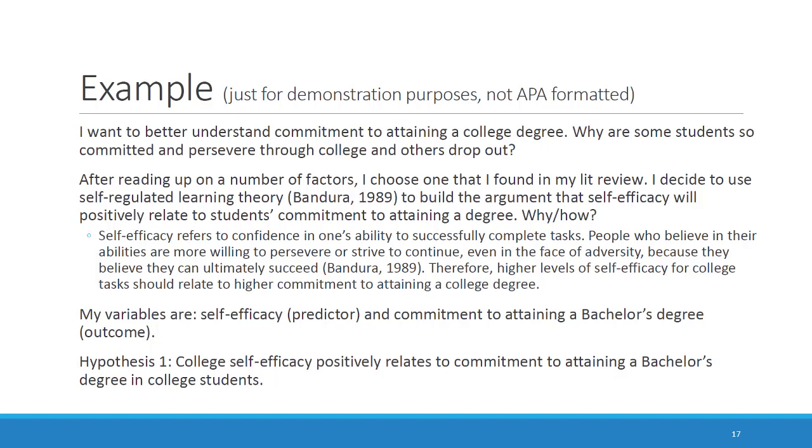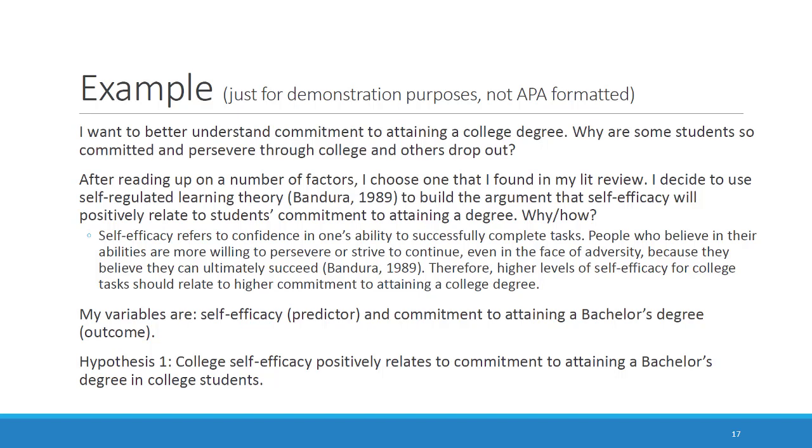So people who believe in their abilities are more willing to persevere or strive to continue, even in the face of adversity, because they believe they can ultimately succeed, according to Bandura. Therefore, higher levels of self-efficacy for college tasks should relate to higher commitment to attaining a college degree.